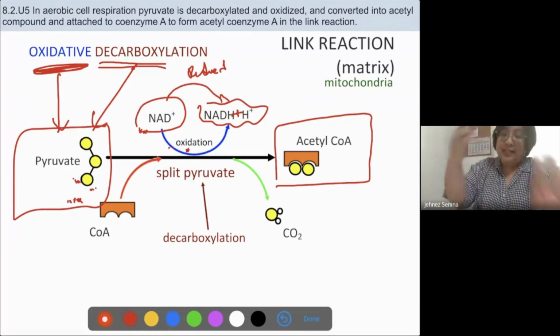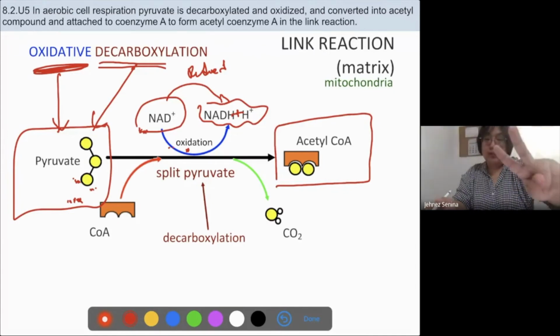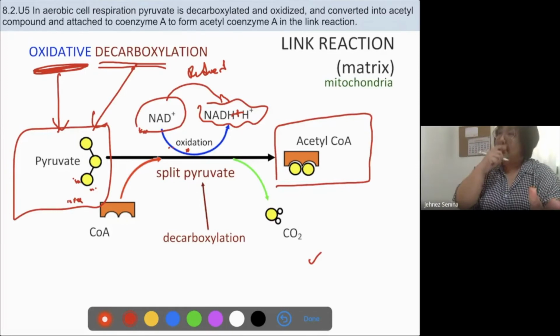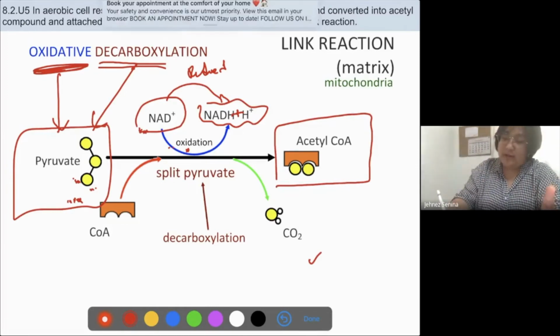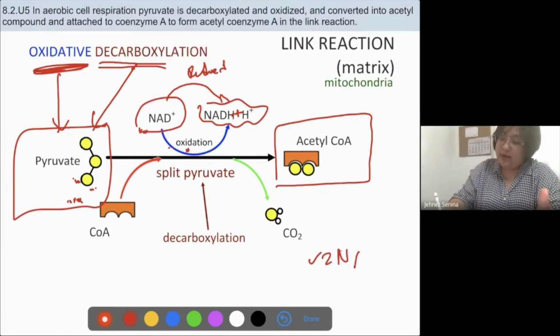So after the link reaction, you're going to have 2 NADH plus H plus. Let's list it down. I've never seen this in the test, but anyway, you can memorize it: NADH plus H plus and 2 acetyl coenzyme A.